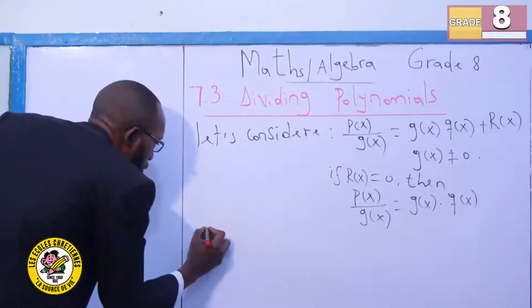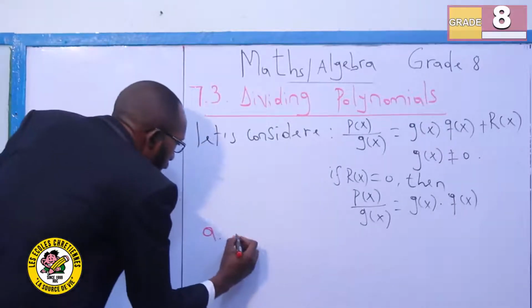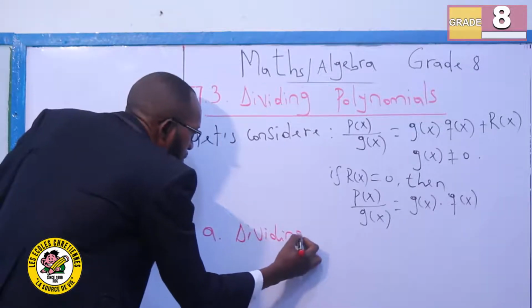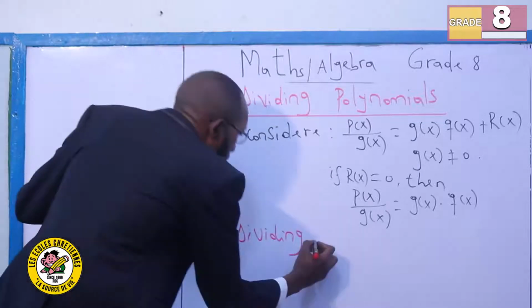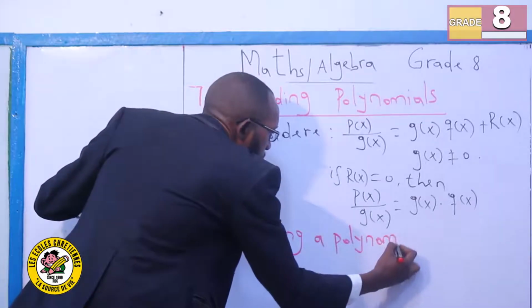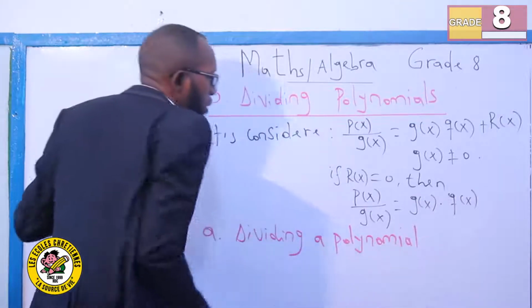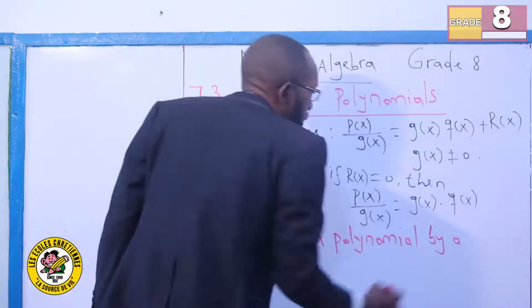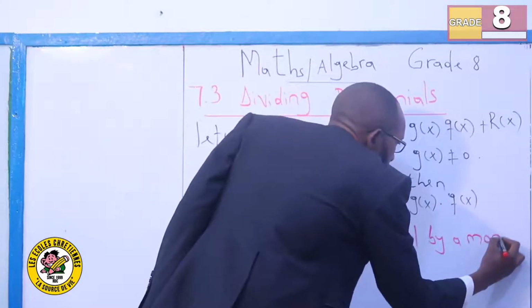The first case: how to divide a polynomial by a monomial.